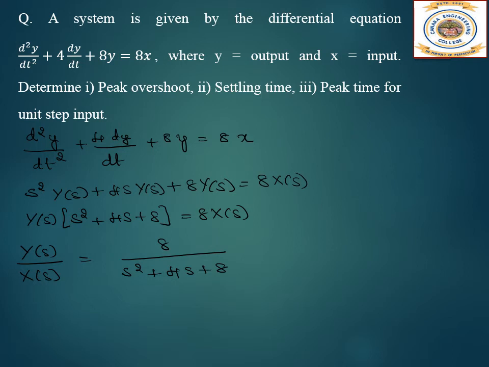Okay. What is the next step? By now, I think you are very well aware what the next step is, right? Next step is comparing with the standard second order transfer function. So, I'll just write the denominator: s square plus 2 zeta omega n s plus omega n square. If I compare this, what do we get?